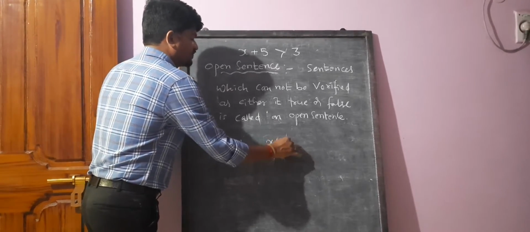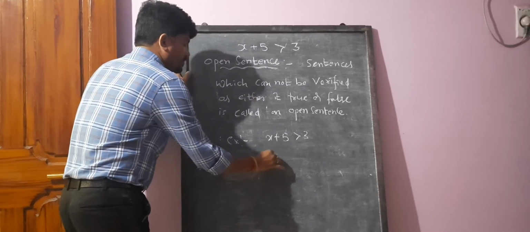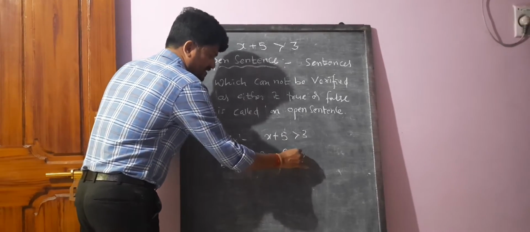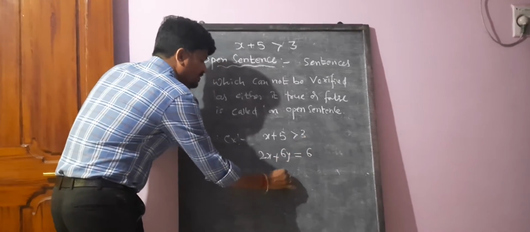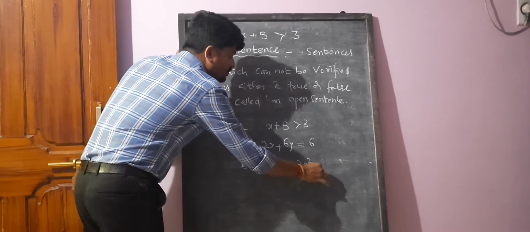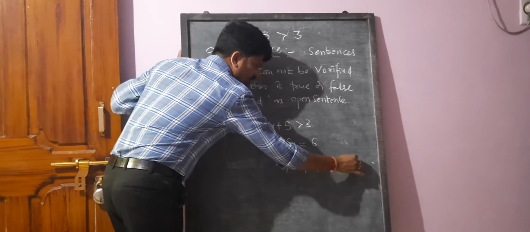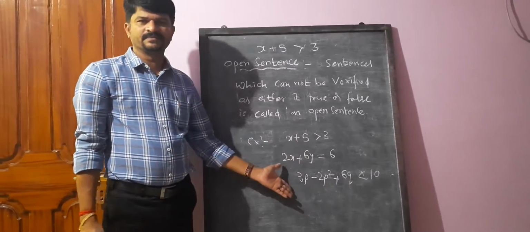Examples: x plus 5 greater than 3. 2x plus 6y is equal to 6. 3p minus 2p square plus 6q less than 10. These we cannot verify.